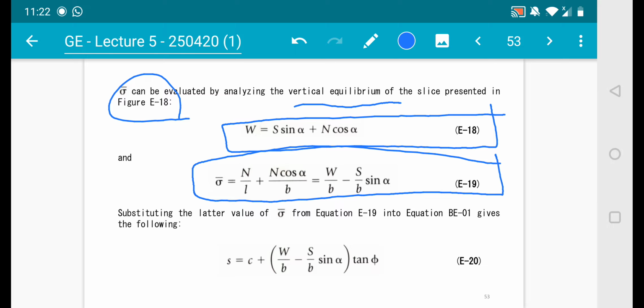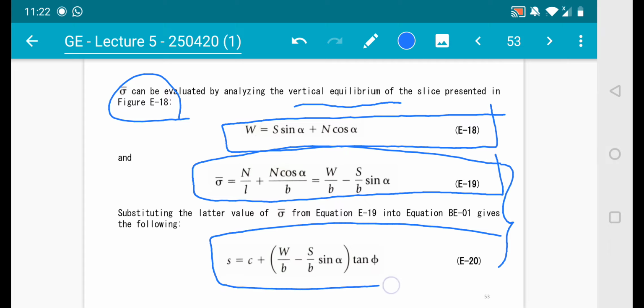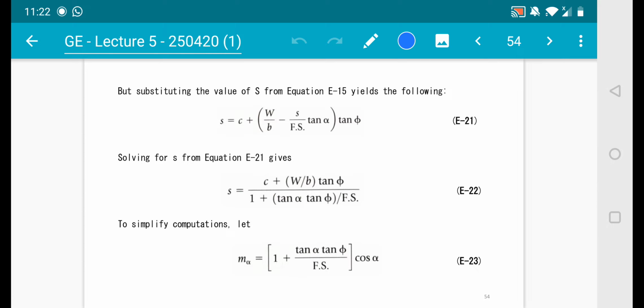You do a similar substitution procedure to get equation E20, and then another substitution. Then you come up with a simplification, so you simplify all of this into this.